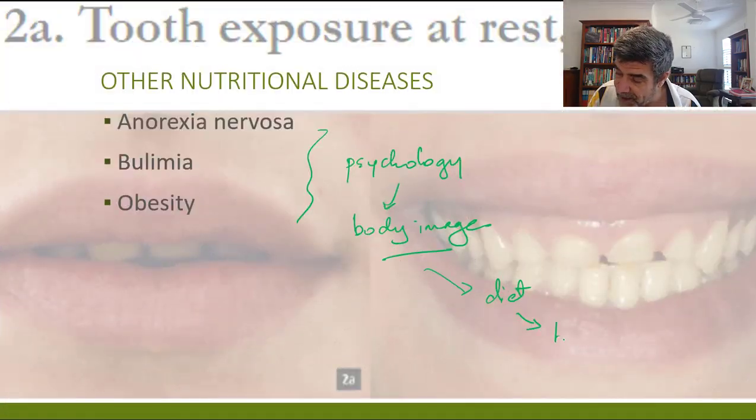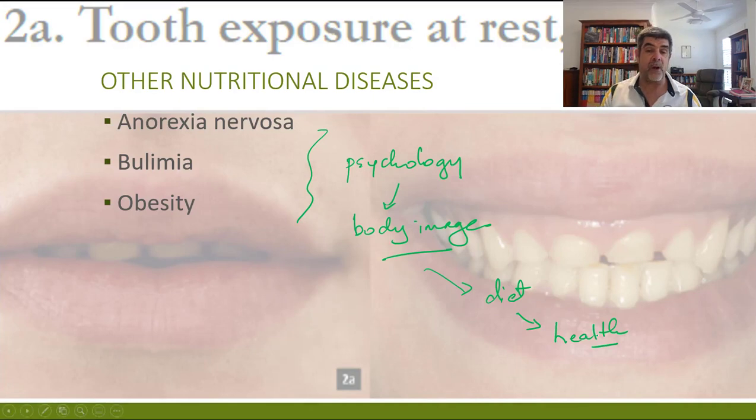And then, of course, that's going to affect things like general health. So this is a flow-on effect that starts, I guess, often in the brain, where some things are being processed in a certain way that enables the individual to see themselves or to judge themselves in a certain type of way, and then that can influence behaviours as a result of that.